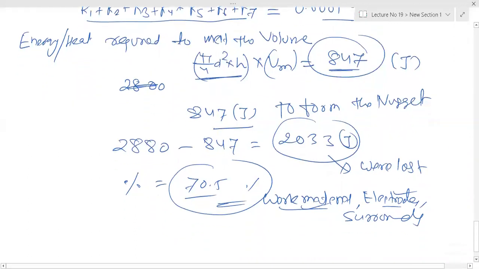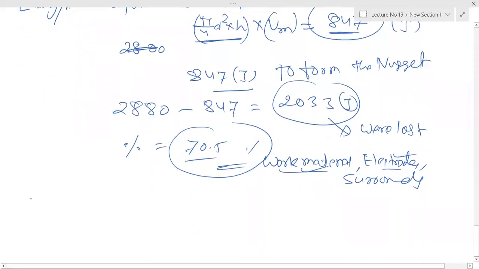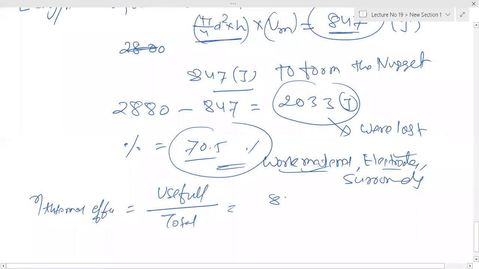If somebody asks what is the thermal efficiency of the process, we have already discussed it: useful divided by total. The useful is 847 divided by 2880.